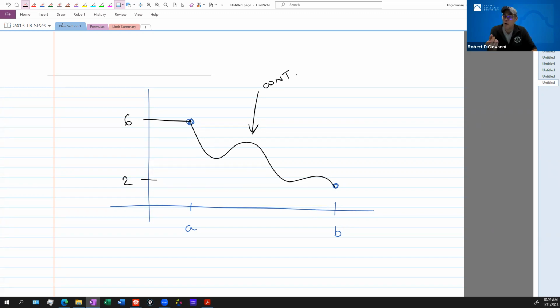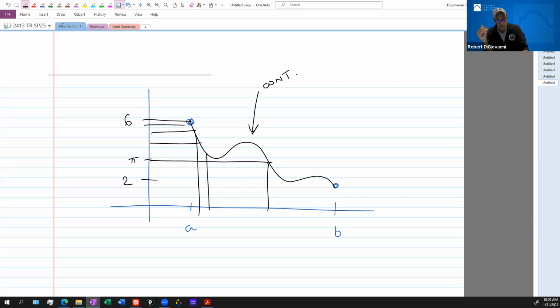It'll hit 2.1, it'll hit 2.5, it'll hit 4, it'll hit 4.67. It'll hit pi, right? Pi is in here, 3.1415. Every number between 2 and 6 is somewhere on that graph. Somewhere on that graph, I've got values that correspond to any output between 2 and 6. Somewhere in here. I don't know where they are, do I? I just know that they exist in there.